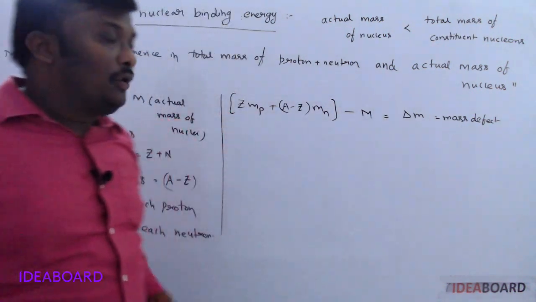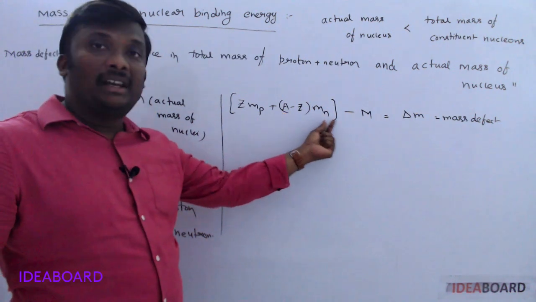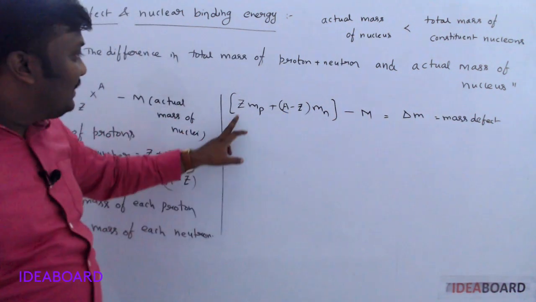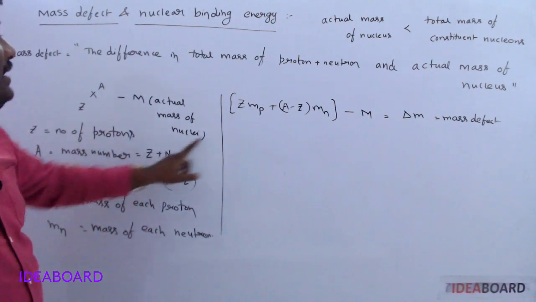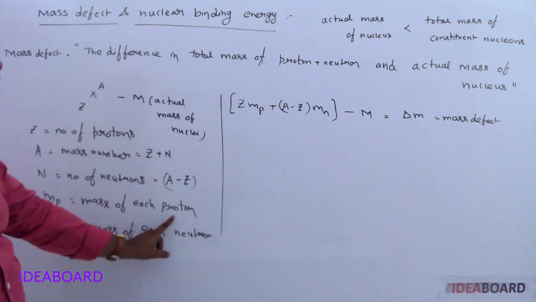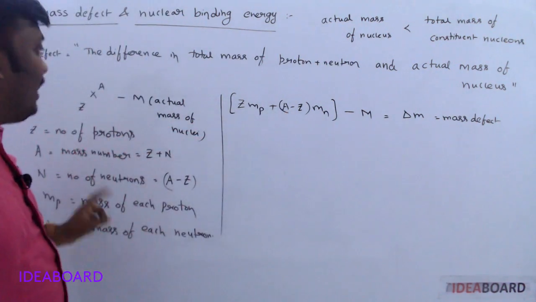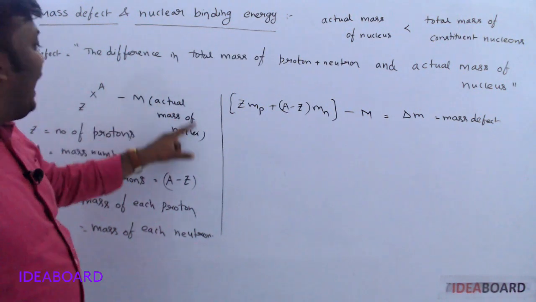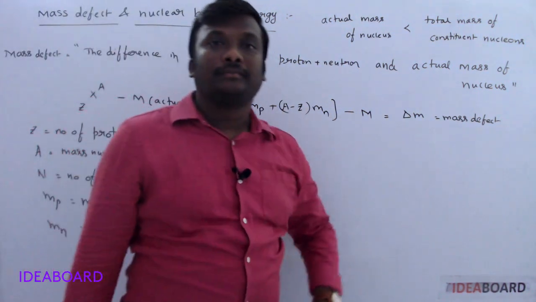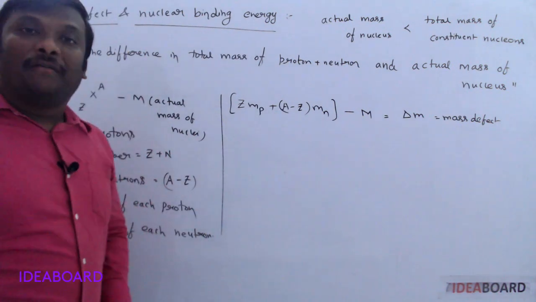Mass defect is equal to Z mp plus (A minus Z) into mn minus m. Here Z is the atomic number or number of protons, mp the mass of each proton, A minus Z the number of neutrons, mn the mass of each neutron, minus the actual mass of the nucleus. This is about the mass defect.